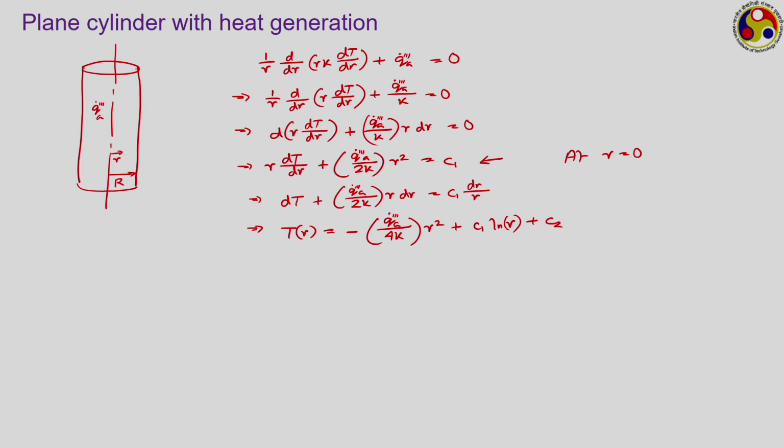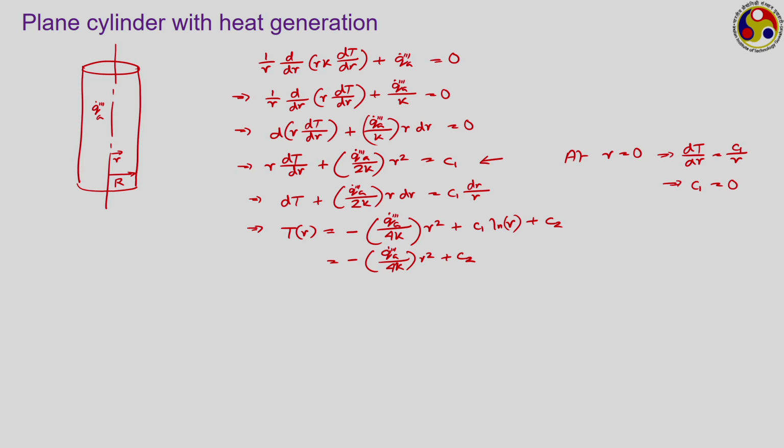Otherwise, what we are getting here is dT dr is equal to C1 by R. So, to have any finite value of this, the only possible scenario is C1 equal to 0. So, then we can directly eliminate C1 from this: q0 triple prime upon 4k into R square plus C2.